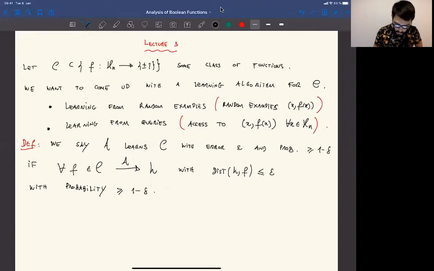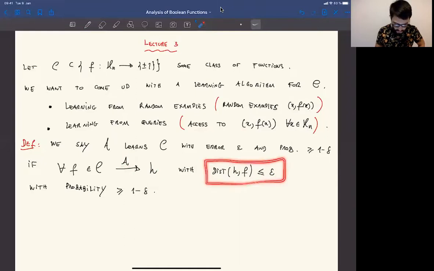Okay, so that would mean the following. I have an algorithm that gets a function in the class. For each function in the class, I can apply a certain procedure, either access to those values, or just random examples, and then I come up with some function h, and that h is pretty close to your function f.